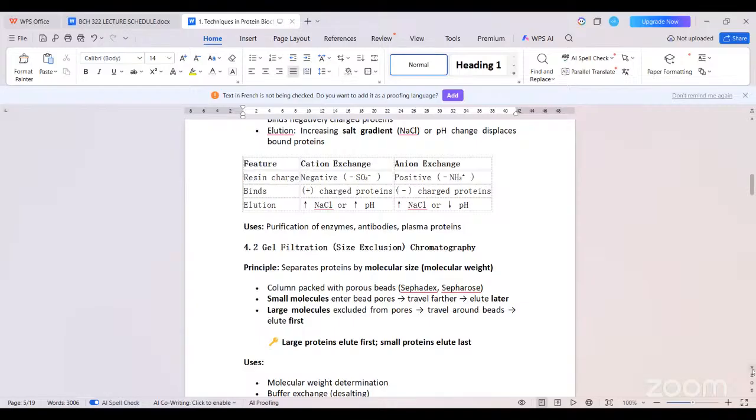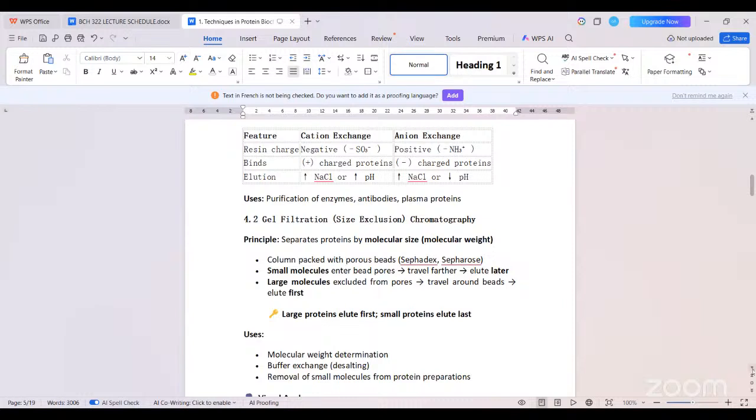Now we have gel filtration. Gel filtration is a separation technique used to separate proteins by molecular size, whereby the large proteins elute first, followed by the small proteins.